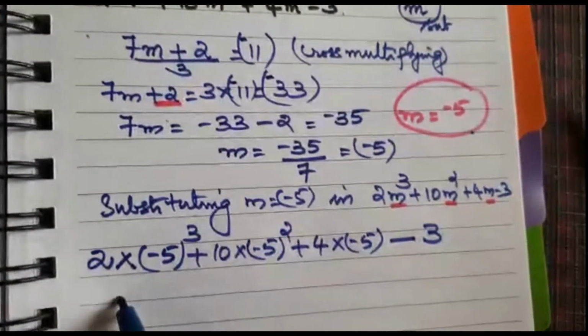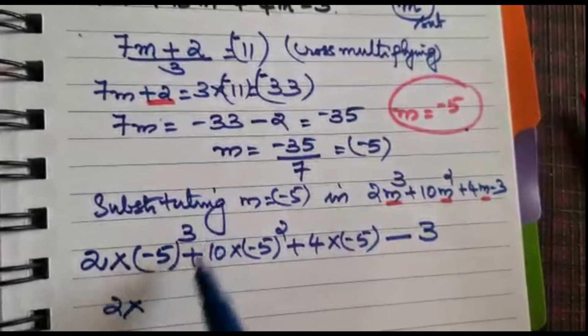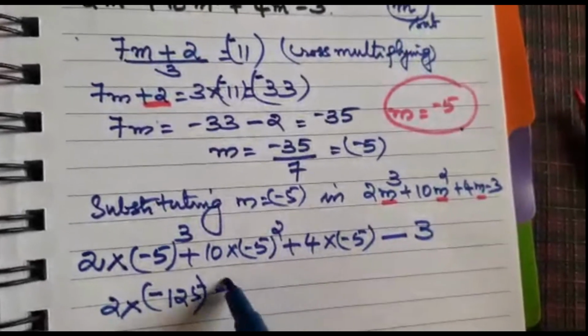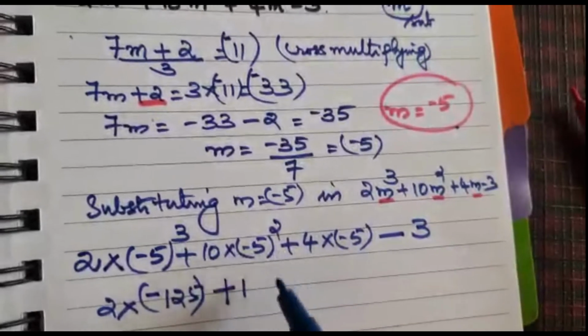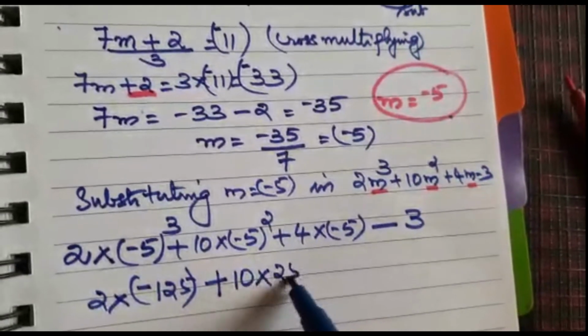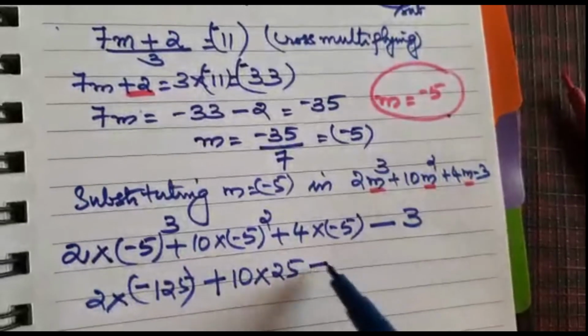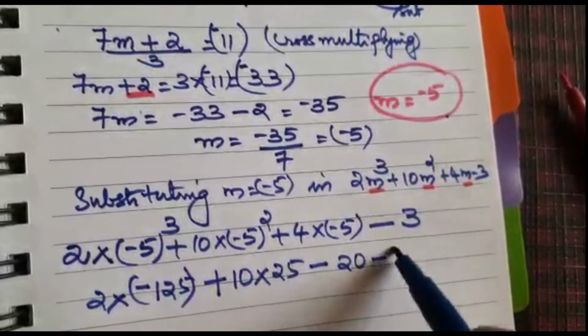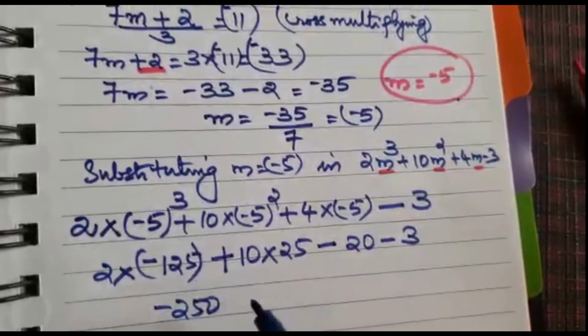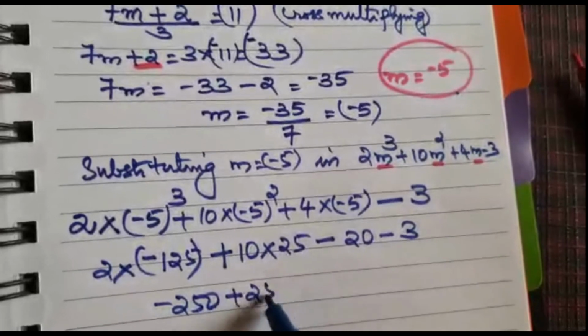5 into 5 is 25. 25 into 5 is 125. Minus 3 times means minus. So it is minus 125 plus 10 into 25, plus into minus, minus. 4 fives are 20. Minus 3. So this is minus 250, 2 into minus, this is plus 250.